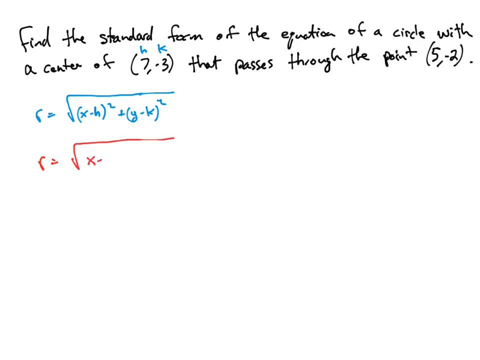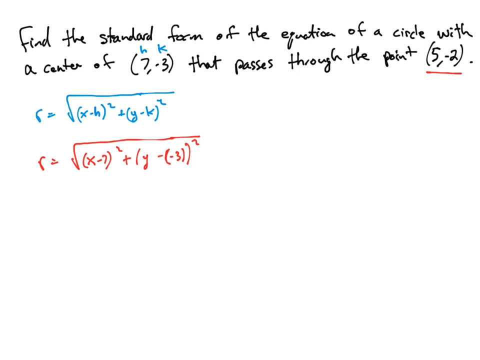So we'd say x minus 7 quantity squared plus y minus negative 3 quantity squared. So in order to find the standard form of the equation, we need to know what the radius is. We're not given the radius, but we do know a pass-through point for the circle, which is 5, negative 2.